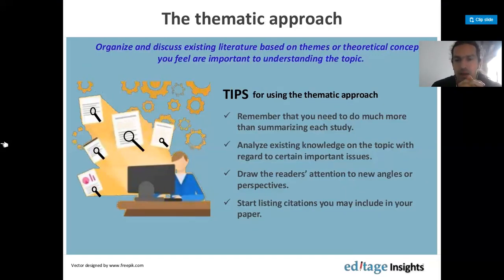Okay, you're going to analyze the existing knowledge of the topic regarding its importance. So if the study is extremely important, that is going to be number one, right? But if the study is not that important, that is going to be a third-party source. Okay.